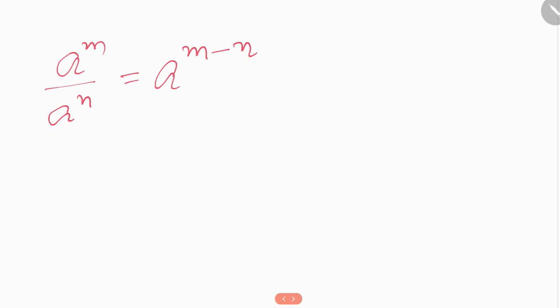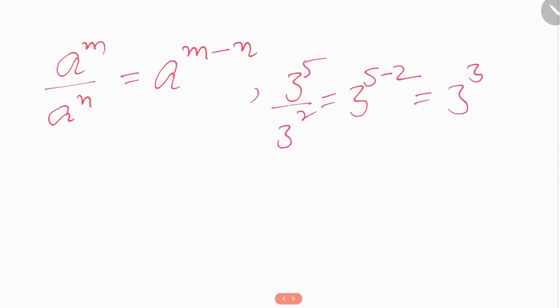If I take an example, 3 power 5 by 3 power 2 is equal to 3 power 5 minus 2. Then we can write easily 3 power 3. This is the simplification form.